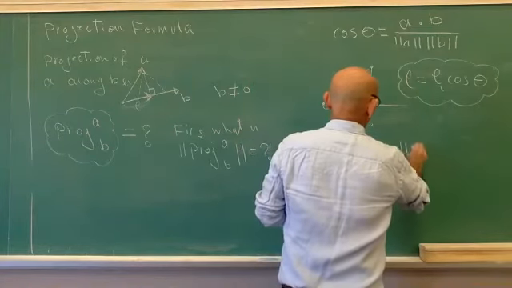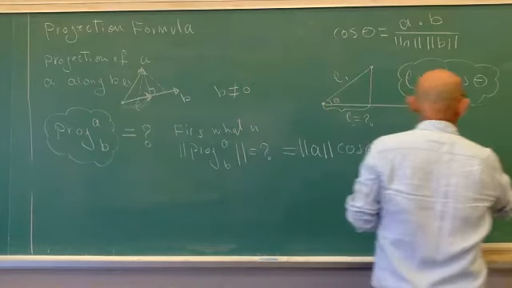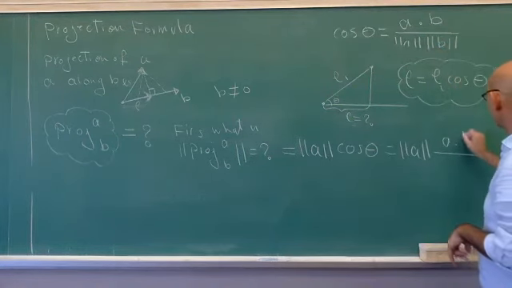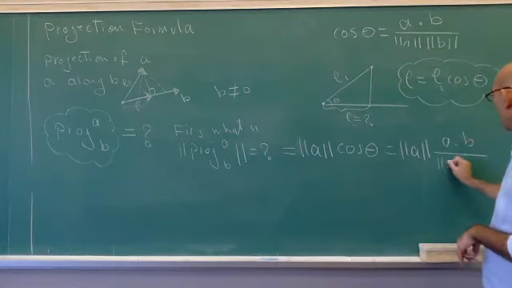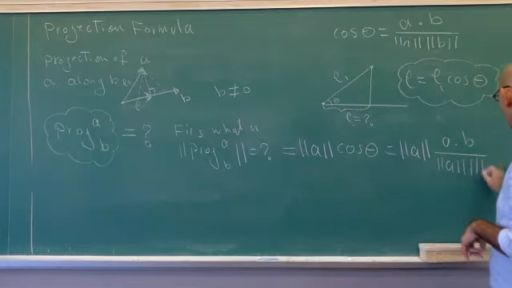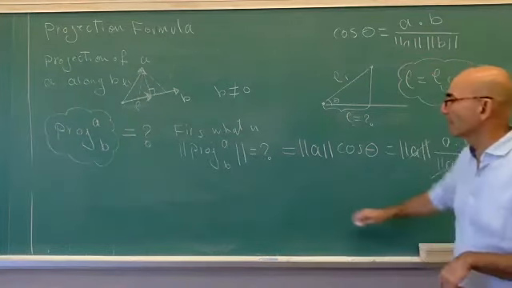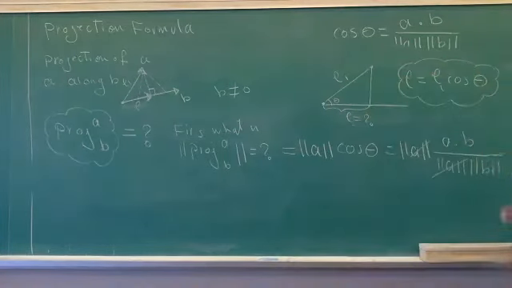It is equal to norm of A times A dot B from the formula above, divided by norm of A, norm of B, right? So there is one simplification. So far we have got that the length of this vector is equal to A dot B divided by norm of B, right?